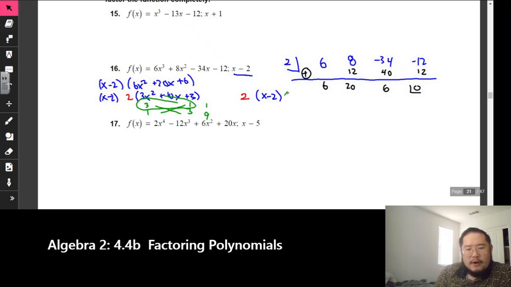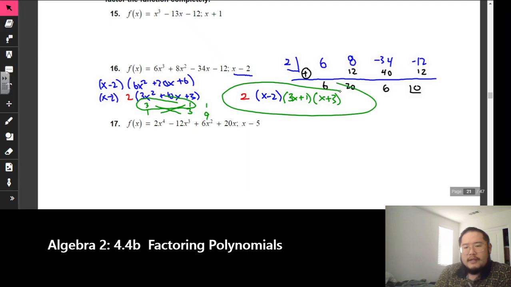So one of my binomials will be 3x plus 1. The other one will be x plus 3. And we have now factored it completely. So once we determine if one of the binomials is one of the factors, that will allow us to factor out everything else completely to work out these problems.